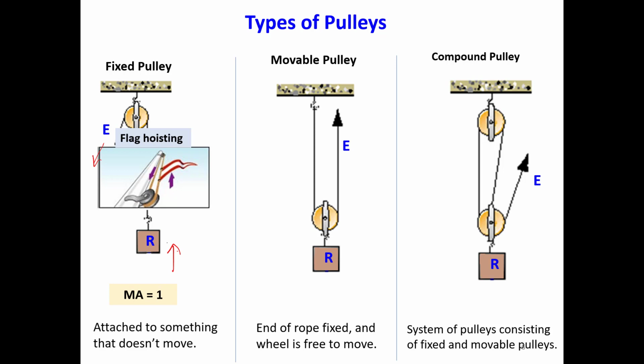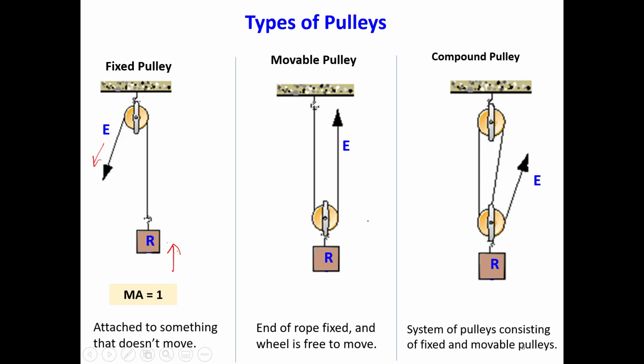The other kind of pulley is the movable pulley. In this case, one end of the rope is fixed and the wheel is free to move. In this particular example, the mechanical advantage equals 2 because there are 2 strings that directly support the resistance. It means the effort we need to apply is reduced by 2.